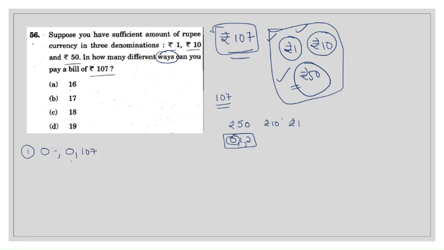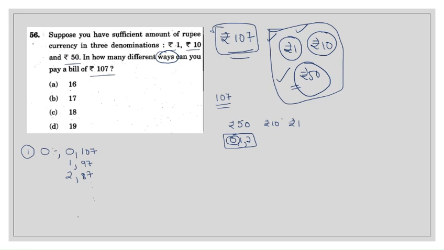Another way is that we use 1 10 rupee note or perhaps coin, that doesn't matter here. So I'll just stick to saying note. So we'll just use 1 rupee 10 note and then we have to use 97 rupee 1 coins, right? Then if we use 2 rupee 10 notes, then we'll subtract 20 from 107, that will be 87.